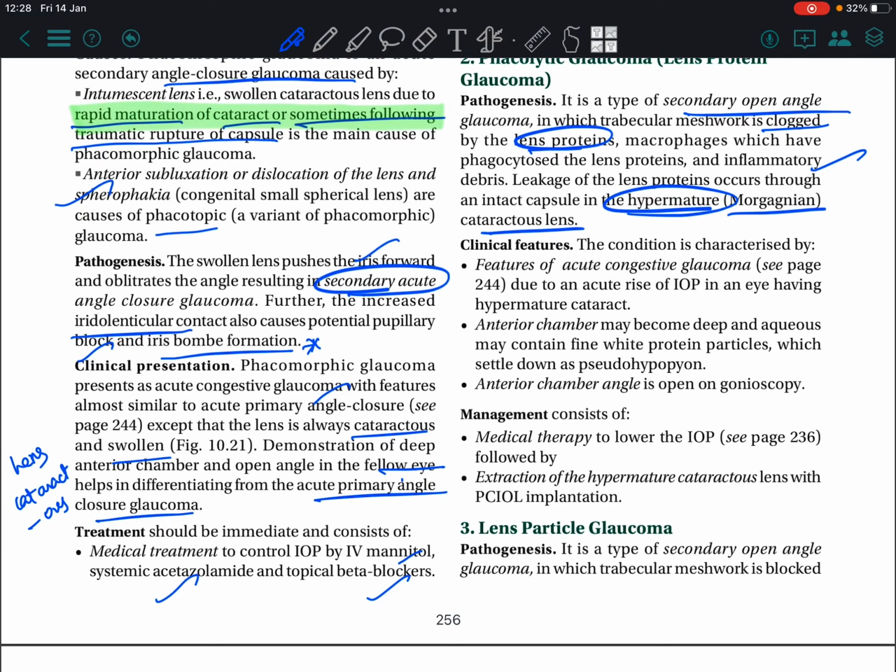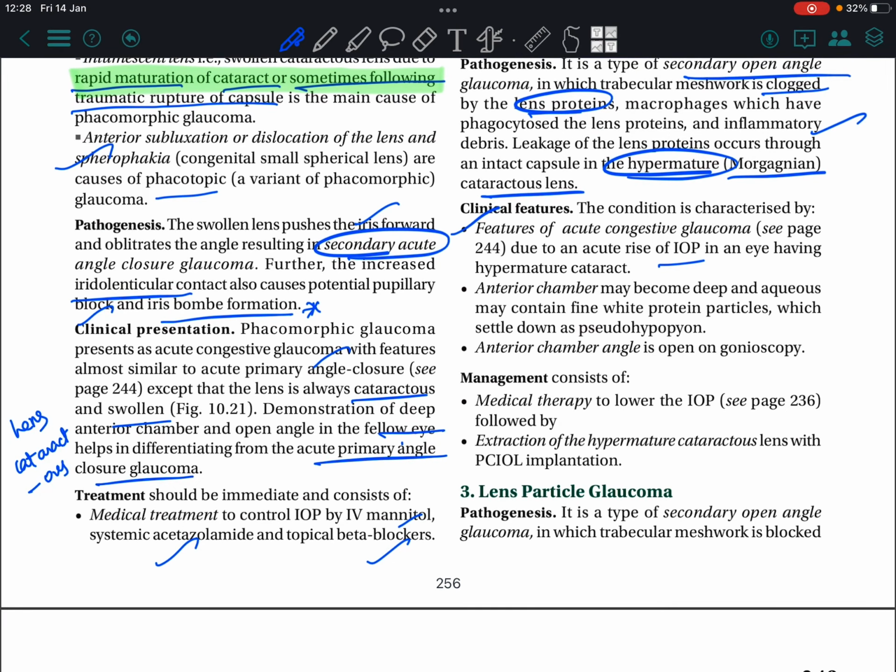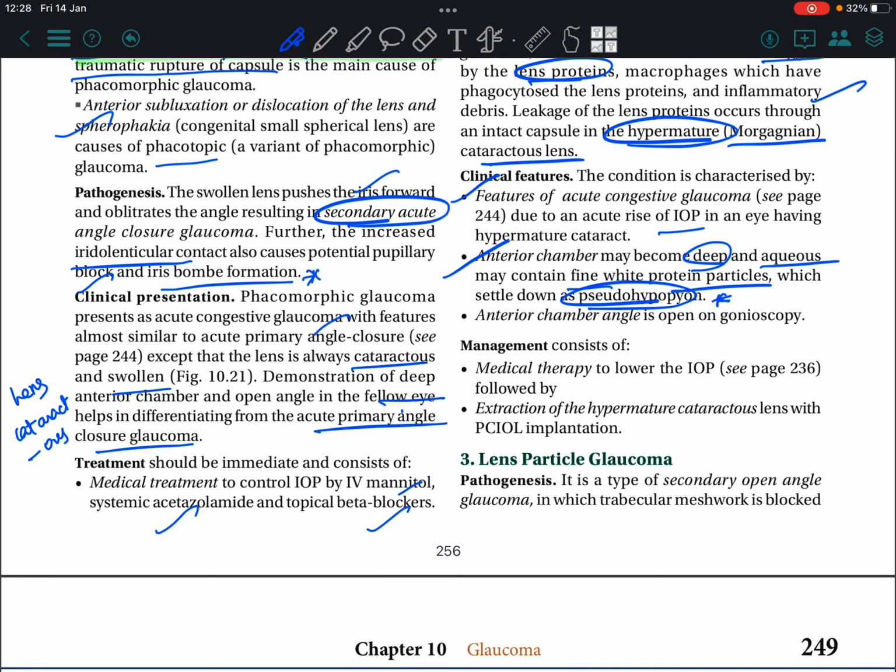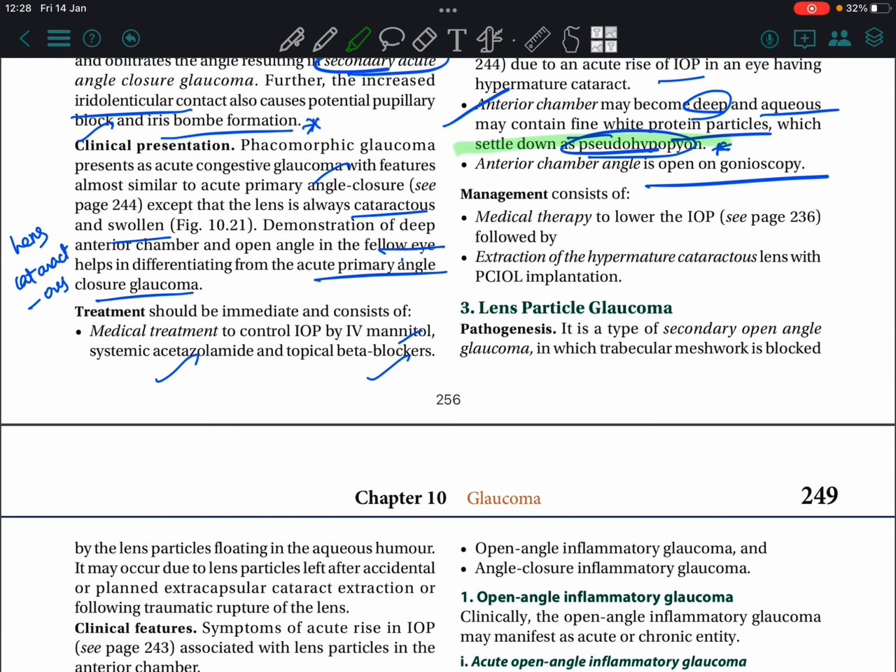Clinical features are those of acute congestive glaucoma due to rise in IOP in an eye having hypermature cataract. The anterior chamber may be deep and the aqueous may contain fine white protein particles which settle down as pseudohypopyon. The anterior chamber angle is open on gonioscopy. Management consists of medical therapy to lower IOP and extraction of the hypermature cataract.